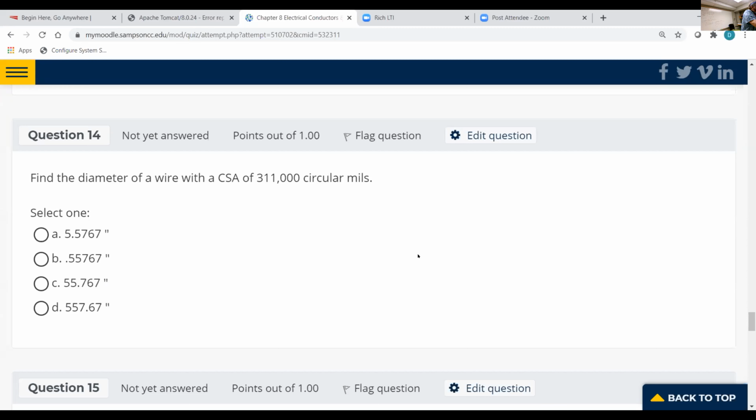Because look, one circular mil equals 1,000, right? Look here. Go back to your basis here, and look, 1,000th diameter equals 1 circular mil.